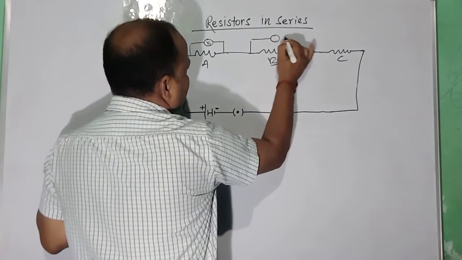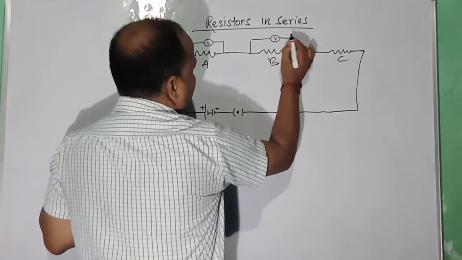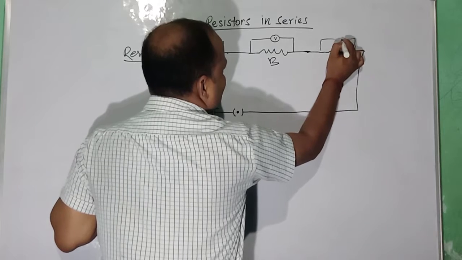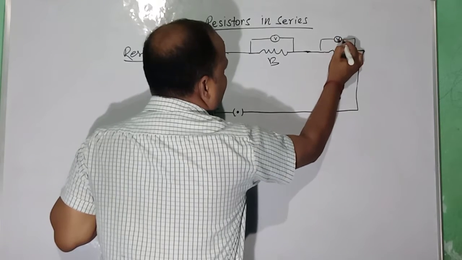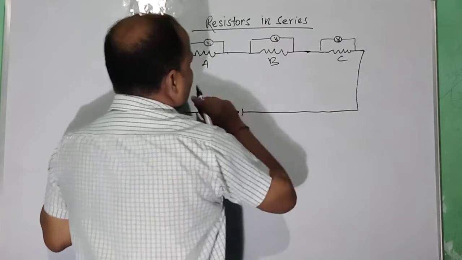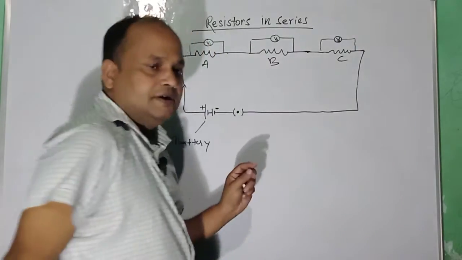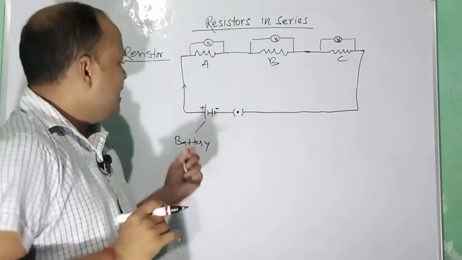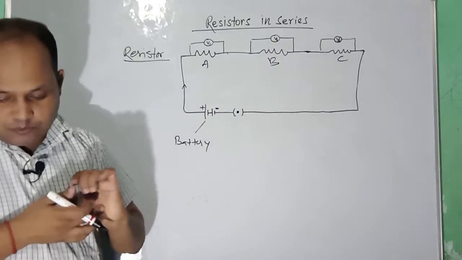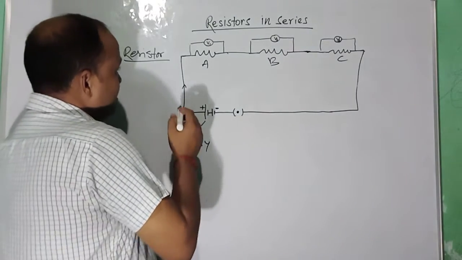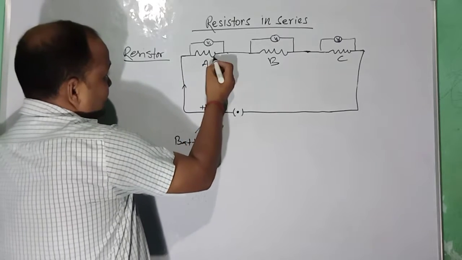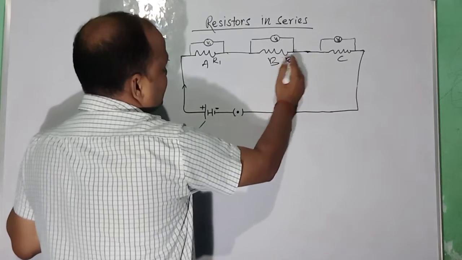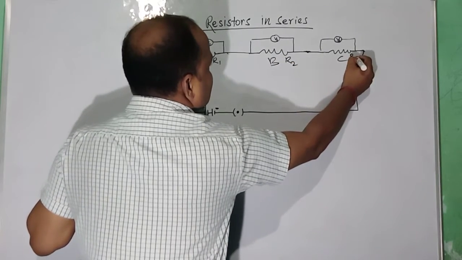This is the voltmeter which I have connected here to measure V1, V2, V3, three voltages. Now the overall circuit has got total voltage V. The resistance of A is R1, the resistance of B is R2, the resistance of C is R3.